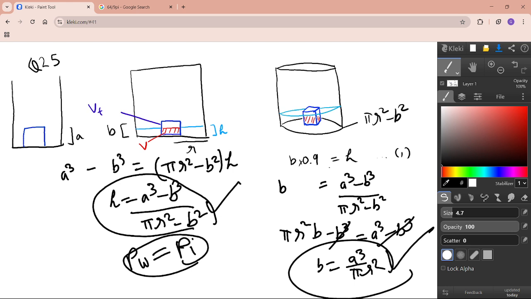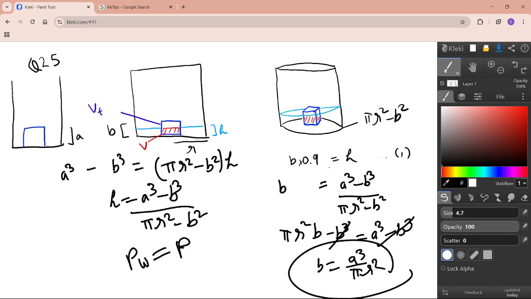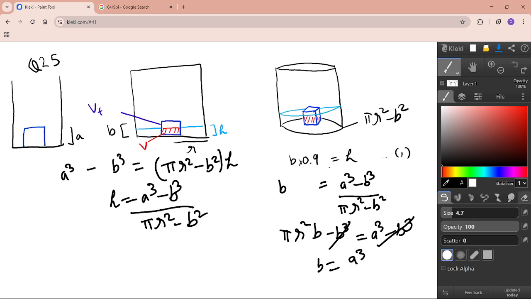But the thing wrong about this is that in this particular question we have to take them equal, and of course they're not equal. The whole thing about volume conservation is wrong, right? Because the volume of ice is different and the volume of water is different. You cannot say that these two are equal. In fact, this is greater.